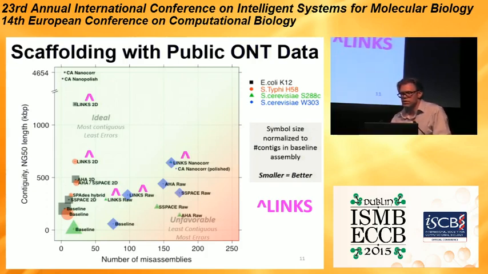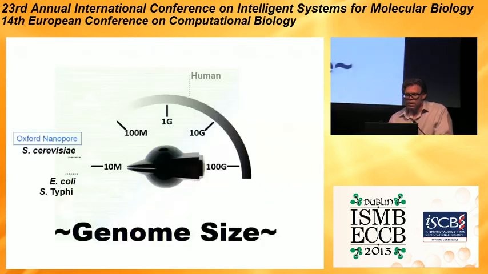You can actually rescaffold that if you want. Okay, so this is for relatively small genomes, 12 megabase for yeast. Oxford Nanopore here used for both the yeast and the bacterial data set. Let's see if we can turn the knob a bit higher.